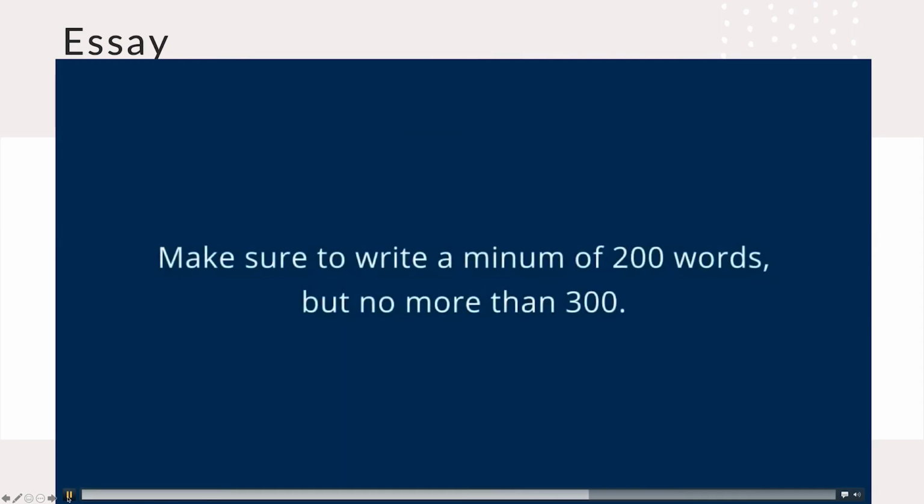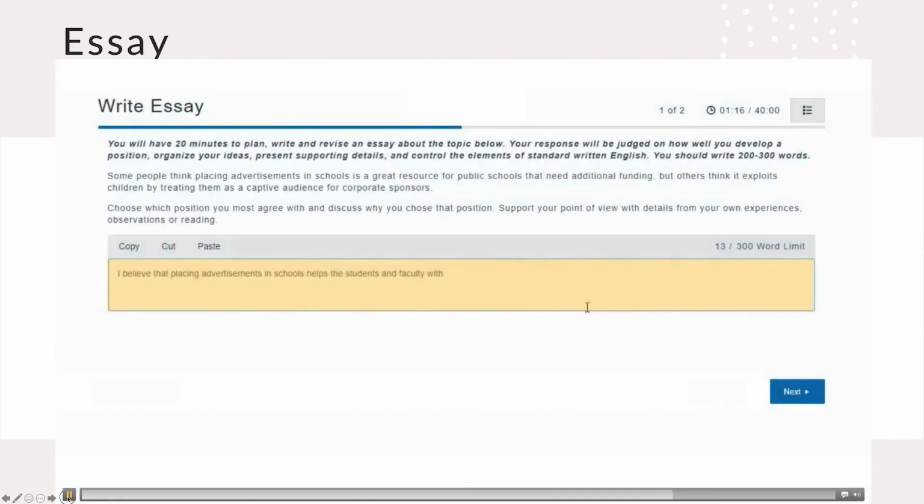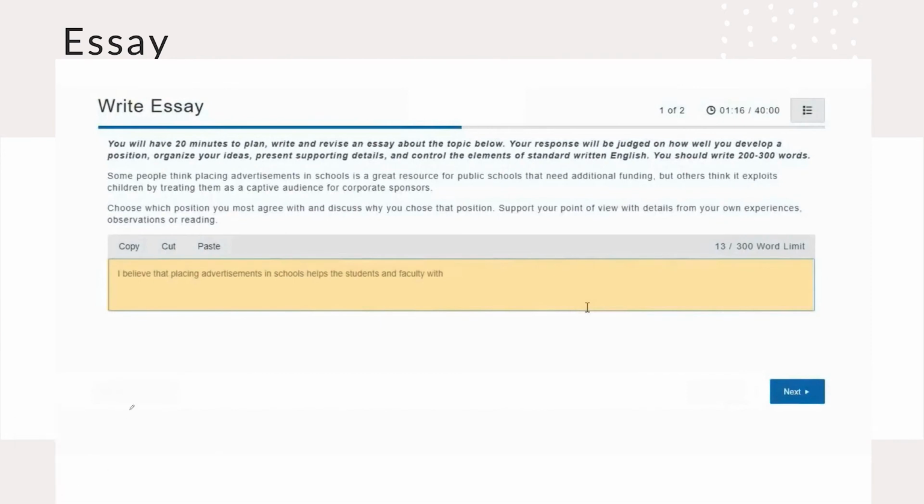You have 200 to 300 words to write, and you have the instruction here. 20 minutes, 200 to 300 words. This is the word count, this is the question count, and this is the time count, and there is the next or finish button. Let's move forward and find out some quick facts about your PTE essay.